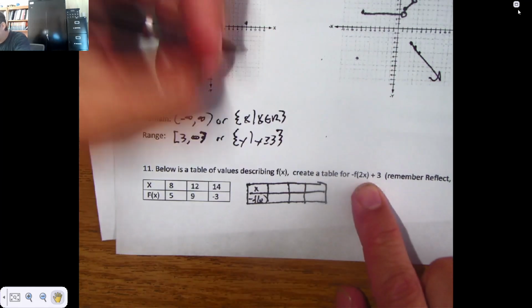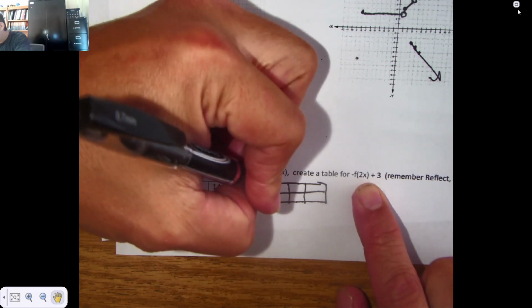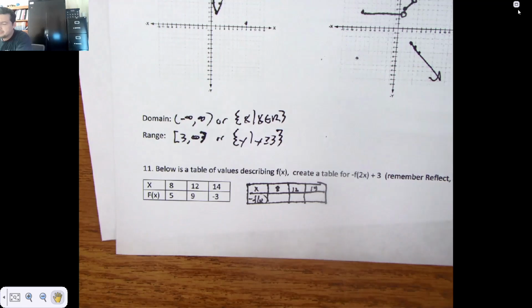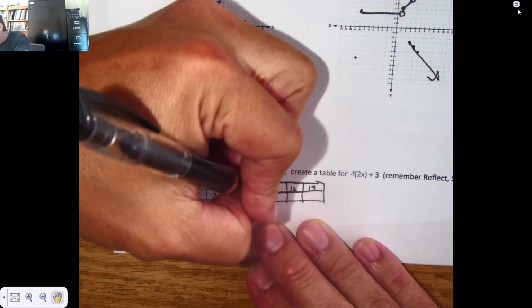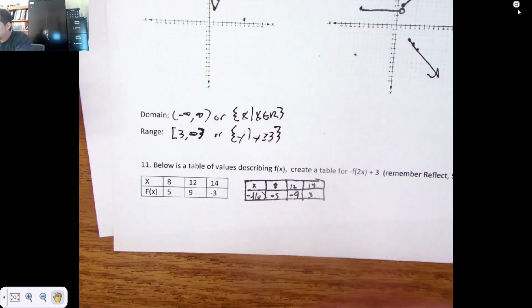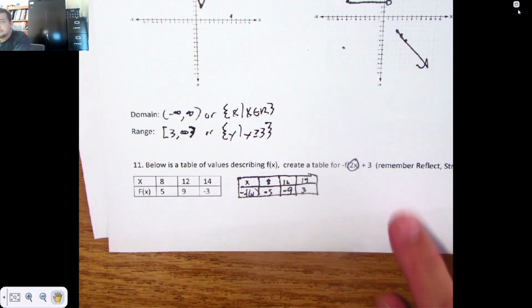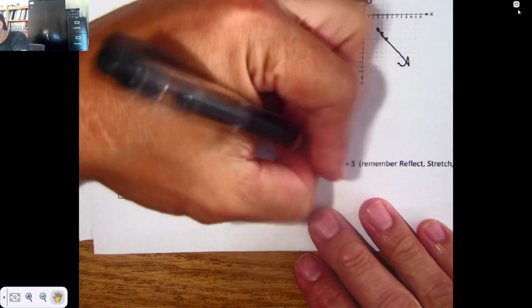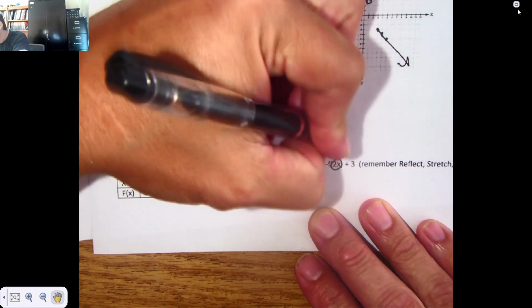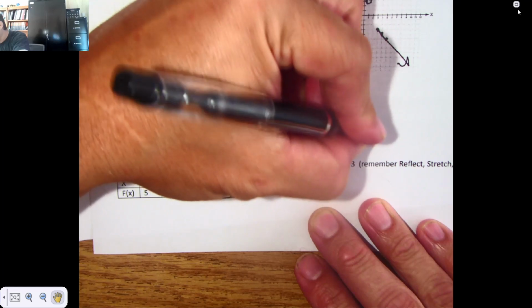So negative f of x is only going to change the signs on y because f of x is fancy for y. So this becomes negative 5, negative 9, and then positive 3. Then there's this guy, f of 2x. What does that 2 do? That 2 cuts x values in half.